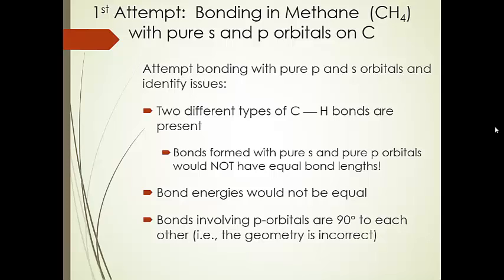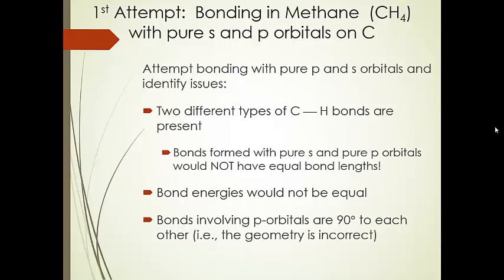The first thing that we notice is that we would have 2 different types of carbon-hydrogen bonds. We would have carbon-hydrogen bonds formed with the 2s orbital on carbon and the 1s on hydrogen, which is the only one it has. And then we would also have bonds formed with one of the 2 p's on carbon with also the 1s on hydrogen.